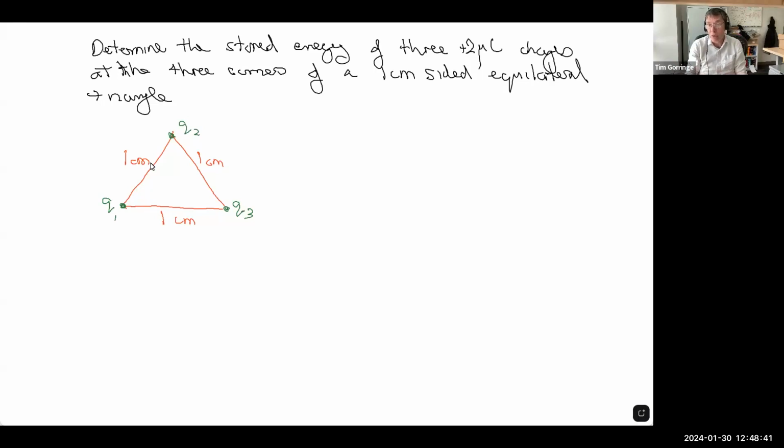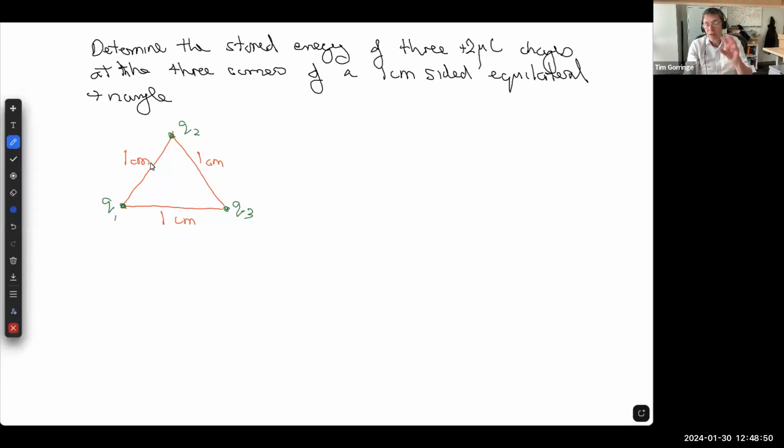And so that's what we're going to do. We're going to use that way in this case of calculating the energy of the triangle of charges. We're going to figure out the energy of the triangle of three charges by figuring out the three energies of the three pairs of charges and then just adding them together.